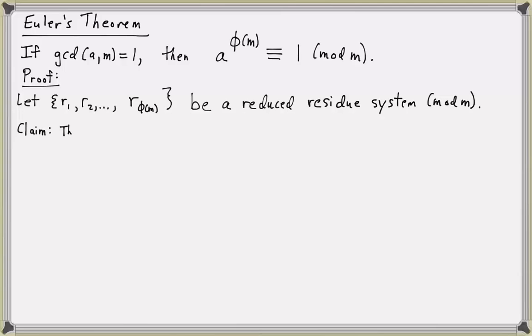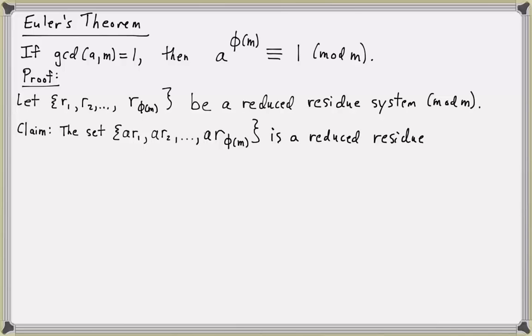So claim: the set a times R1, a times R2, all the way to a times R sub phi of m, is another reduced residue system mod m.